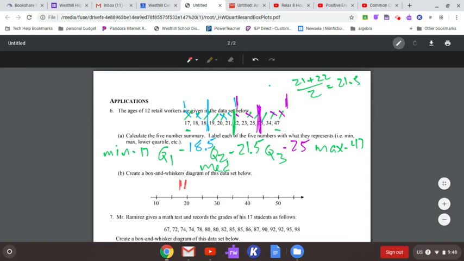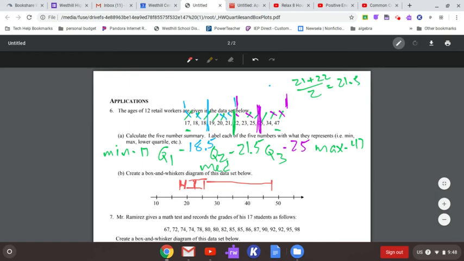Q2, 21.5. Q3, 25, which will actually be right there. And our max is 47, which will be up here. Now we just draw a box for those three middle ones and then connect them. So that's how we would do that box plot.